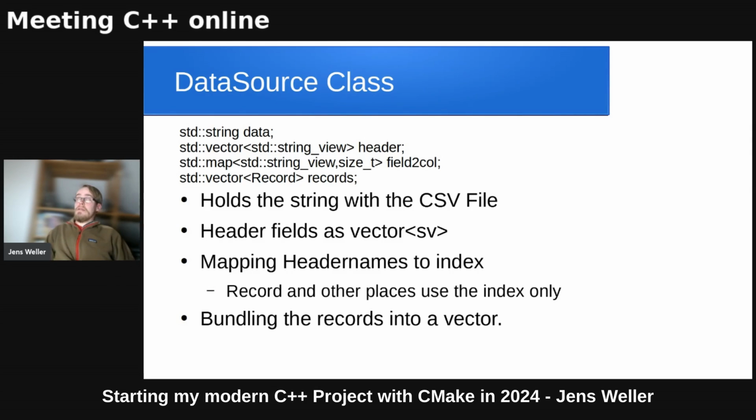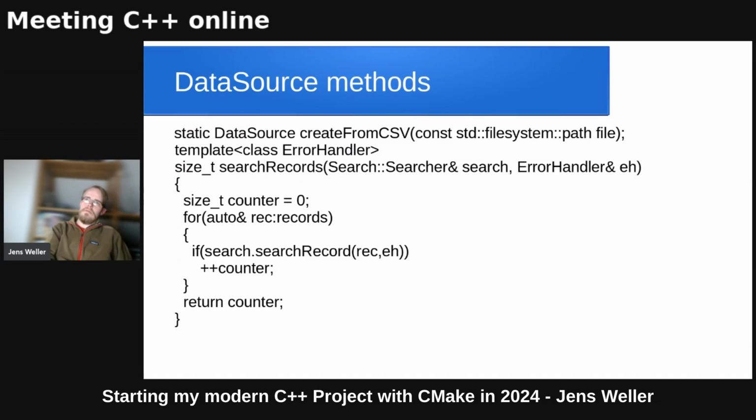And something I didn't add here, recently changed: I saw that, at least from the point of view of the application, I should also have a vector of unique values per field. So I currently have this in the data source because it makes sense to generate this once and then basically have this available.